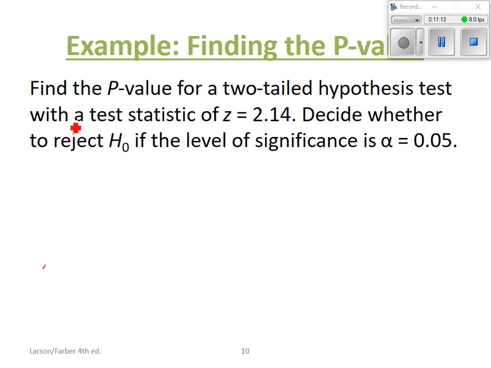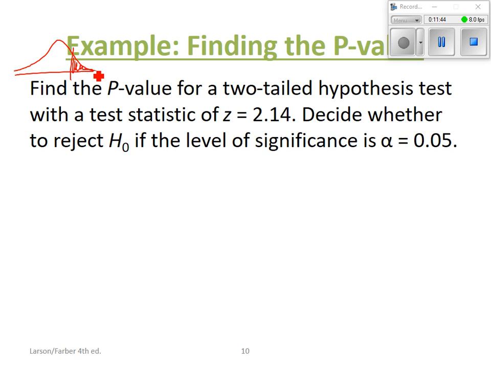Find the p-value for a hypothesis test with test statistic of 2.14. So this time it's a right-tailed one. And we look at the z at 2.14. That would be on the back of the page. I never turn my page because if this z is a positive, the negative of that's going to have the same area over here.